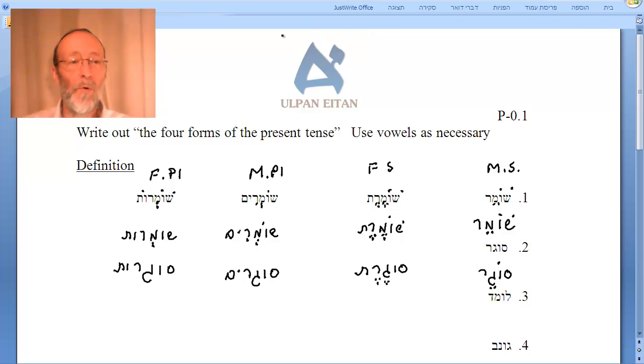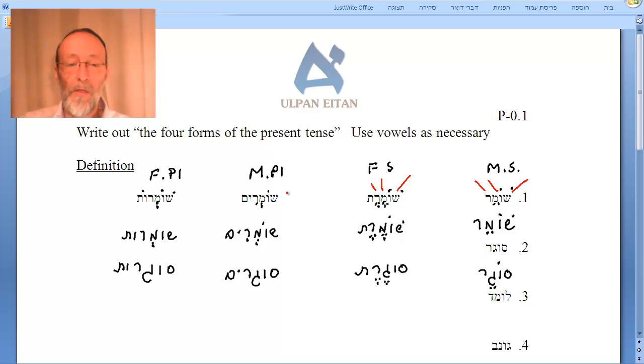And what I want to do is just add one more element before we complete this class. Taking a different color, I want to point out that in this particular verb, shomer, the 3 root letters are the shin, the mem, and the resh. Notice again, the shin, the mem, and the resh.